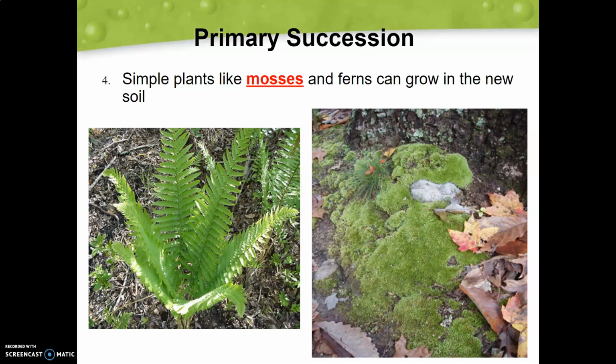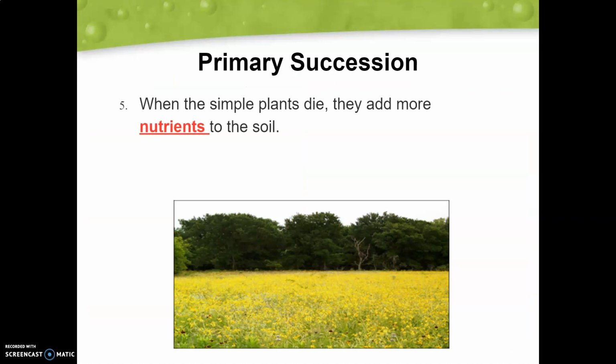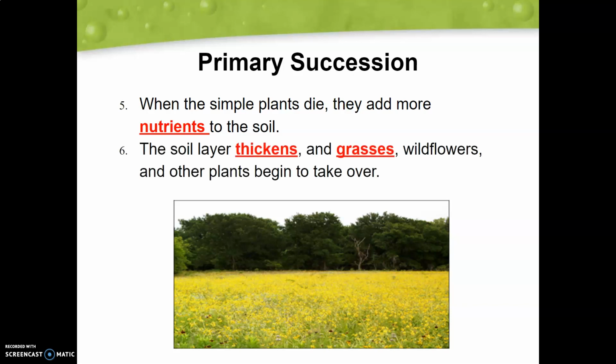So these are the first organisms that appear. Okay, when those simple plants die, they add more nutrients to our soil. That soil layer is going to thicken up, and then grasses, wildflowers, and other plants are going to start taking over.